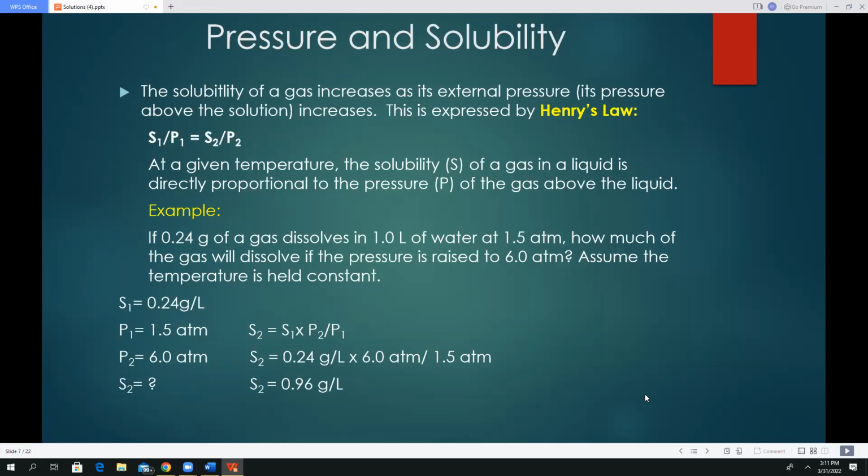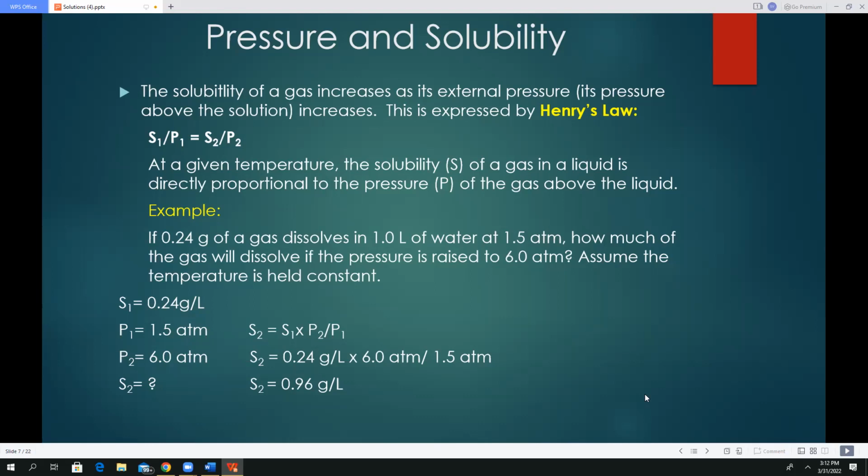Next. The solubility of a gas will increase as its external pressure also increases. That is Henry's law: S1 over P1 is equal to S2 over P2.